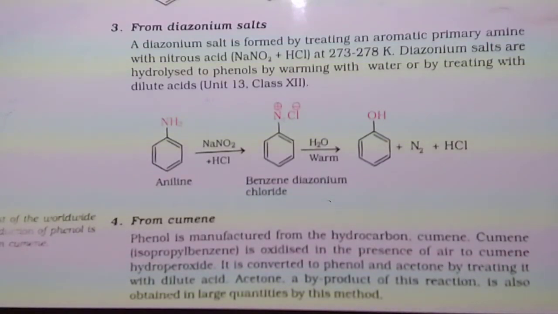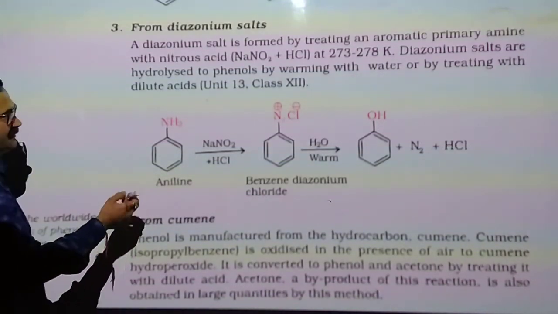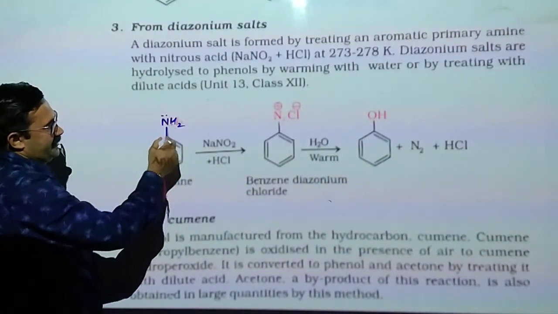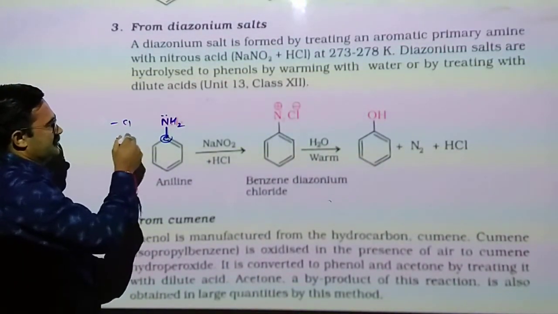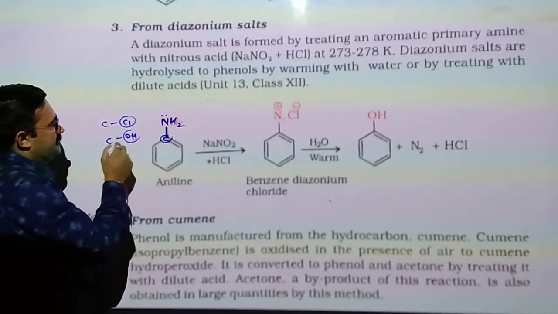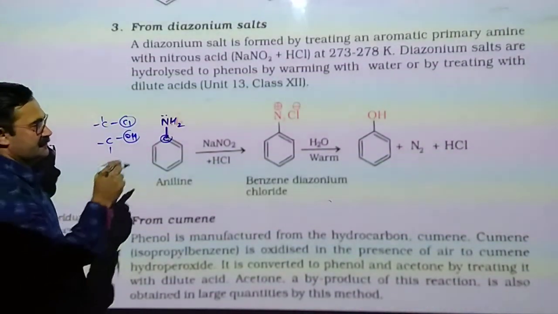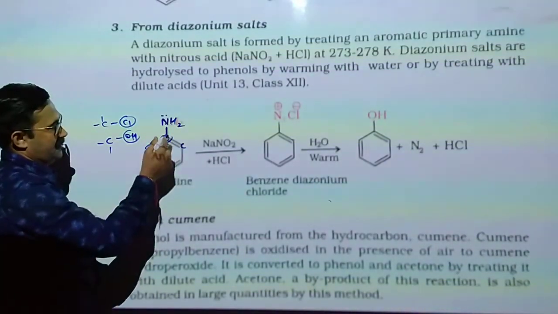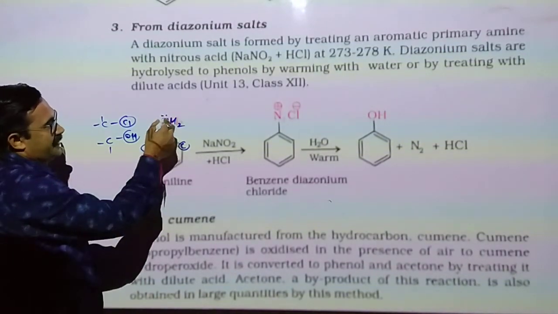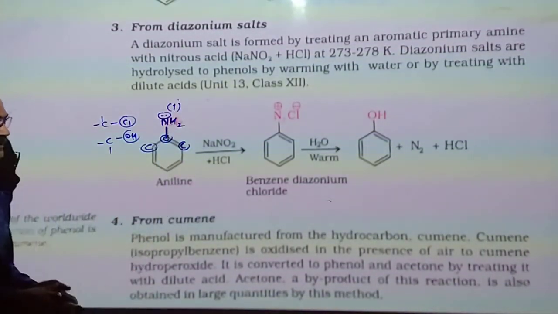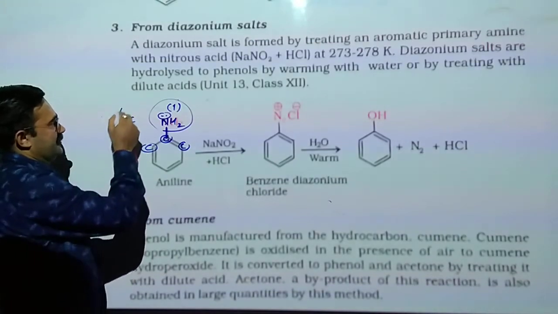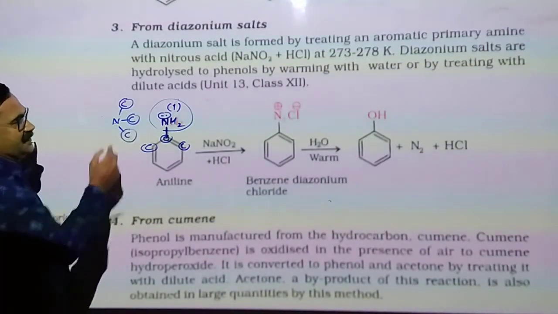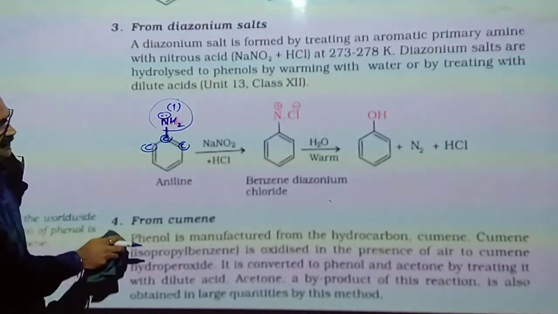A diazonium salt is formed by treating an aromatic primary amine. Aromatic primary amine means nitrogen is directly connected to one carbon. It is not like alcohol or halogen, where we check how many other carbons the carbon bearing the halogen or OH group is connected to. Here we check how many carbons the nitrogen itself is connected to. In the NH2 group, if nitrogen is directly connected to one, it is primary, to two it is secondary, and to three it is tertiary. The primary aromatic amine is aniline.